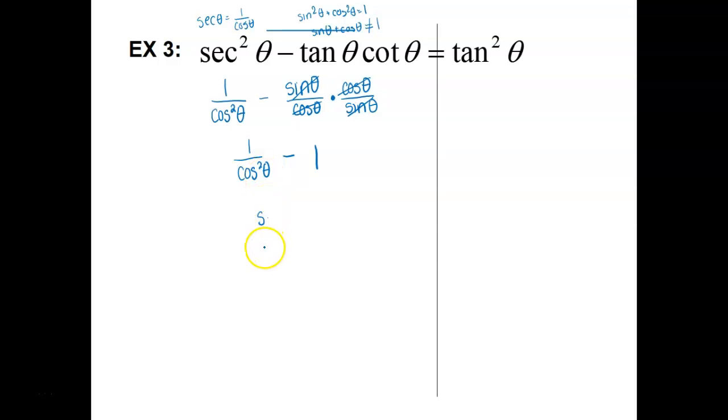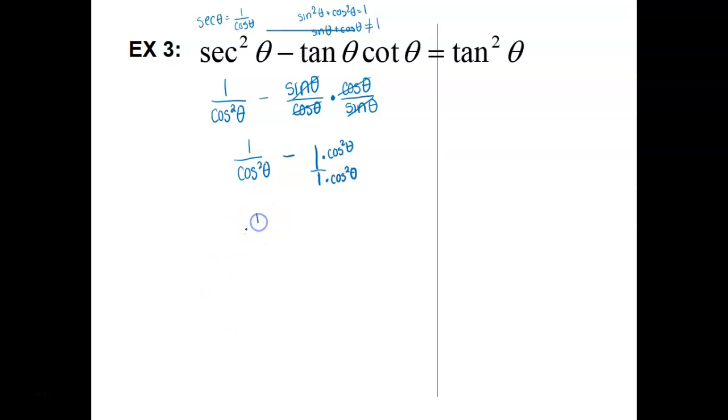Actually, no. Let's do the longer way. The longer way is probably, it's not easy, but it's probably easier to comprehend than this. Okay, so this is 1 over 1. I cannot subtract those unless they have common denominators. Okay, so to get common denominators here, I would have to multiply this by cosine squared theta on top and bottom.